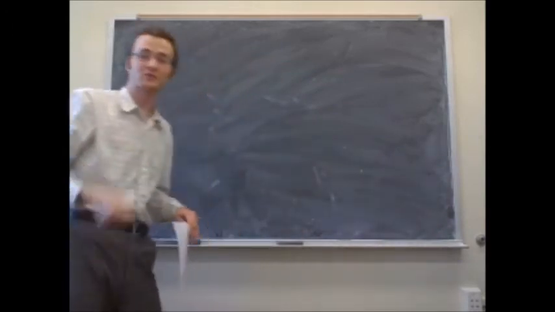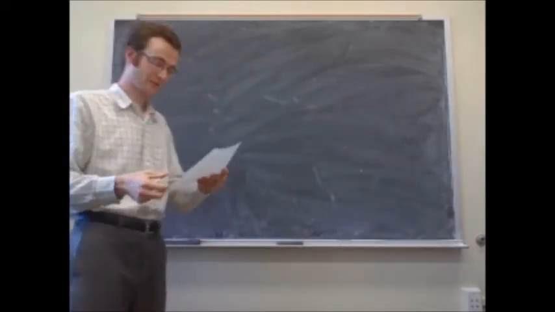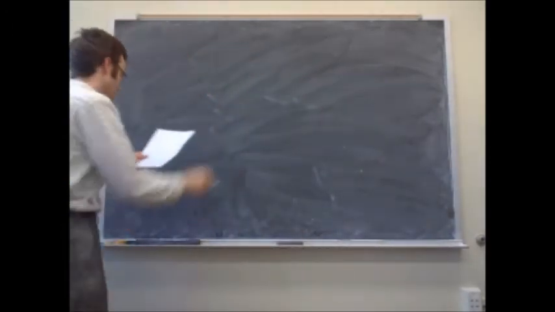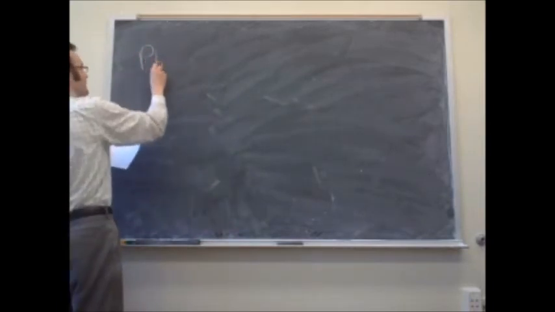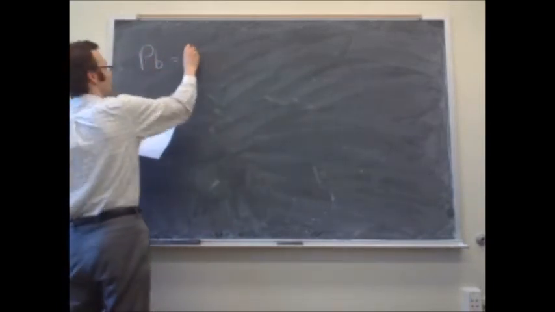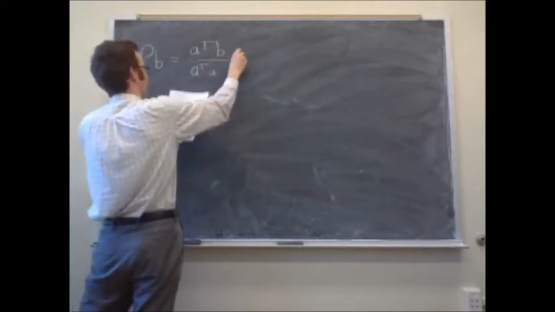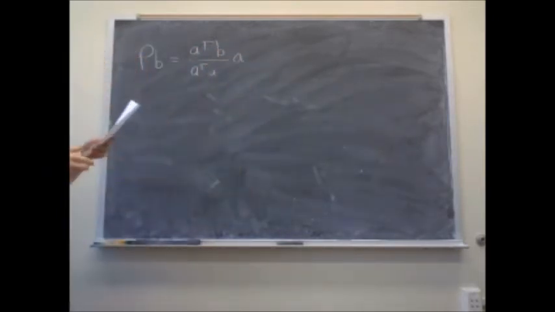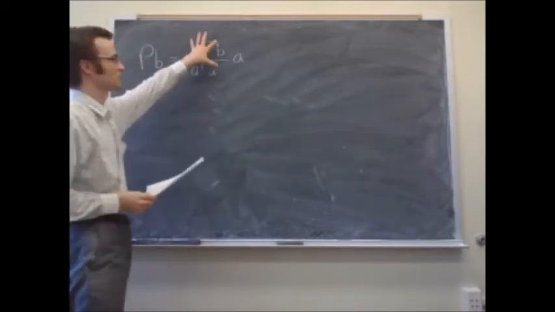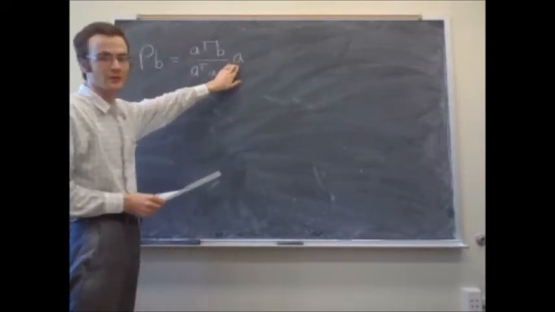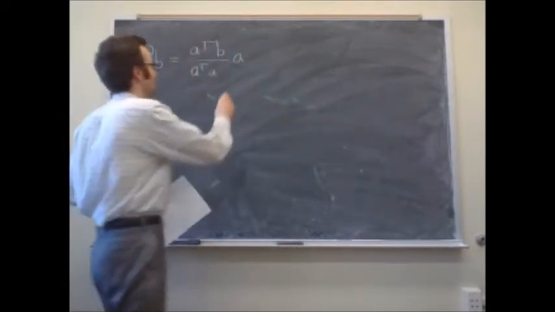Projection is a linear map, so we should be able to construct a matrix from this information, and it's not too hard. So the projection of a vector B, if you remember, was this. But this is just a number, so there's no reason why we couldn't just change the A to the other side.